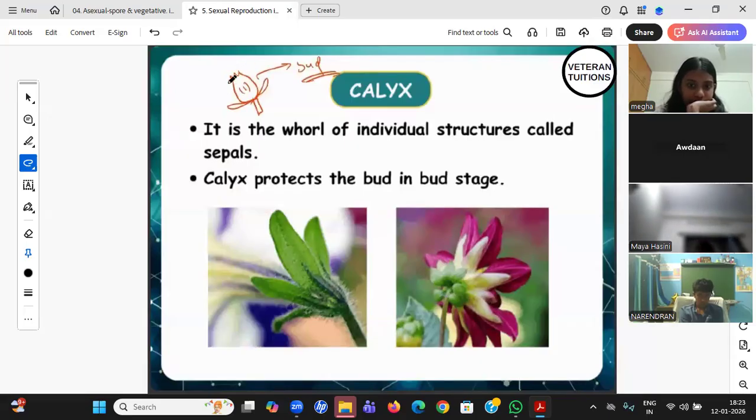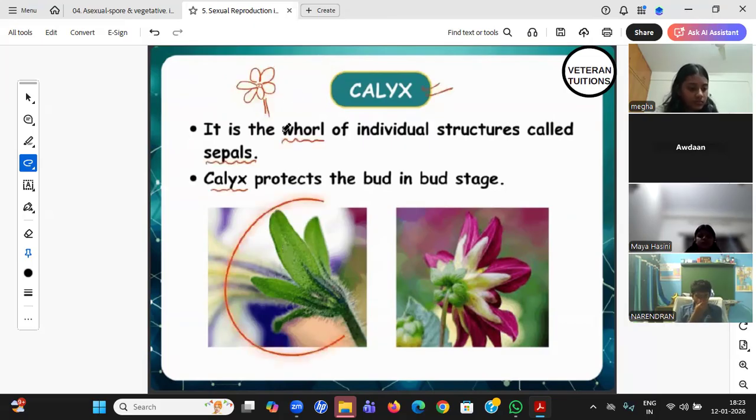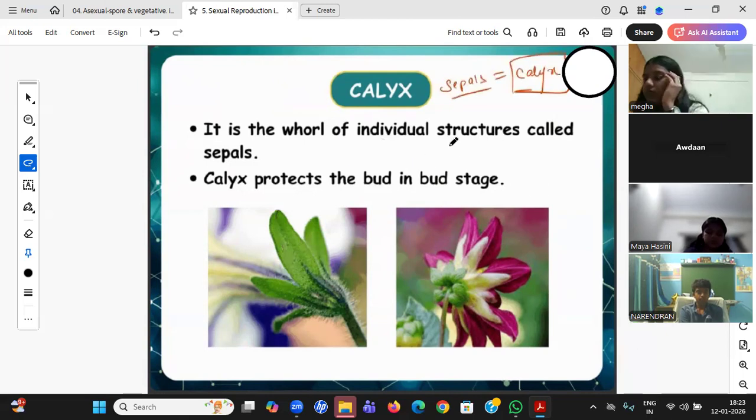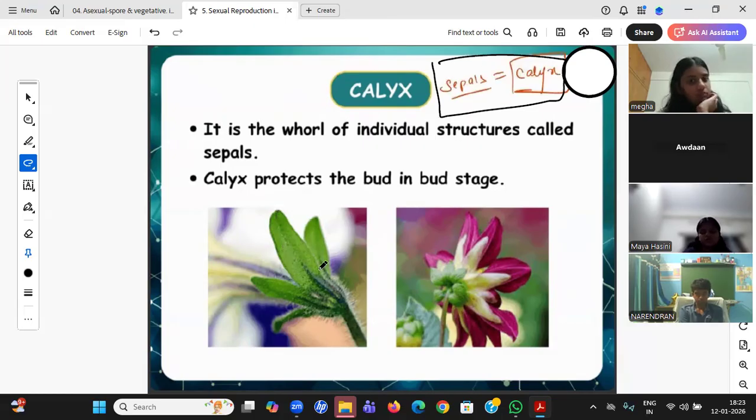This needs to be protected from the outside environment, right? How can it be protected? With the help of the sepals. So this circular arrangement is nothing but calyx. If you want to write a keyword, you can write this: collection of sepals is nothing but calyx. Understood, Narendran?